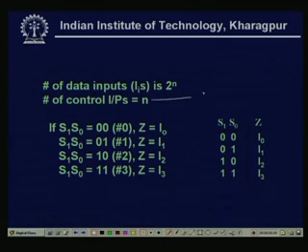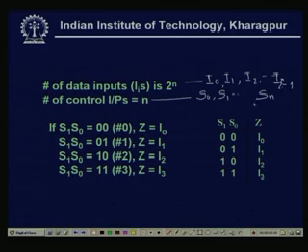So the select lines should be S0 to Sn minus 1, and for those n values the number of inputs should be 2 to the power n, meaning I0 to I 2 to the power n minus 1.